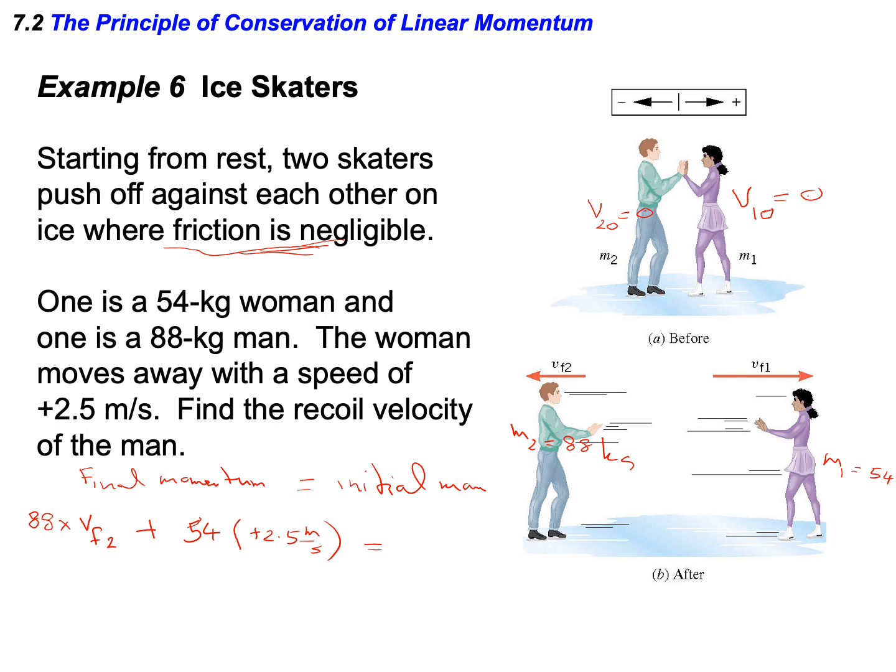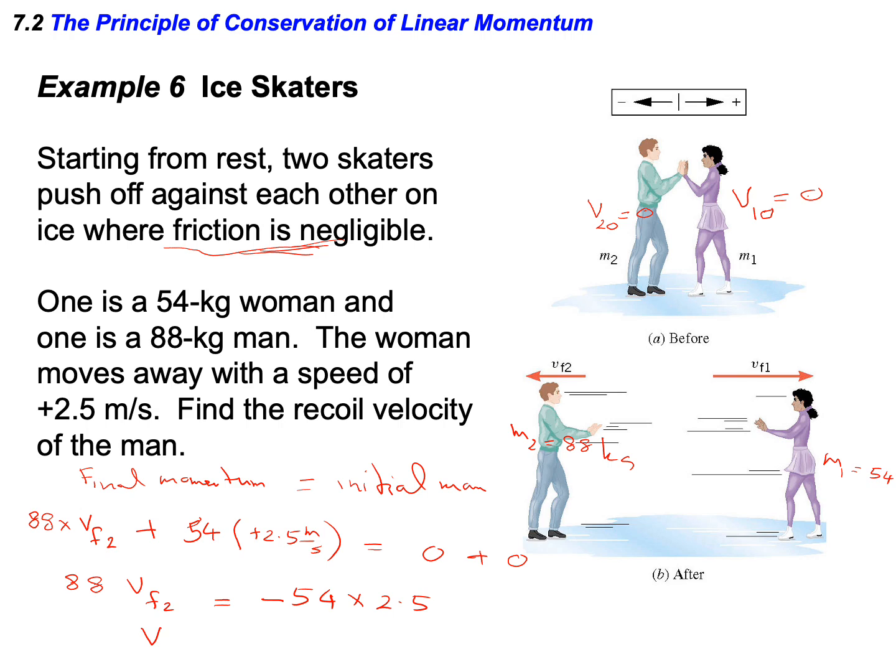The initial velocity of the man is 0, therefore momentum is 0, and the mass of the woman is 54 and her velocity is also 0. So the initial momentum of both man and woman is 0. So we have only this equation, 88 V final 2 is equal to negative 54 times 2.5.